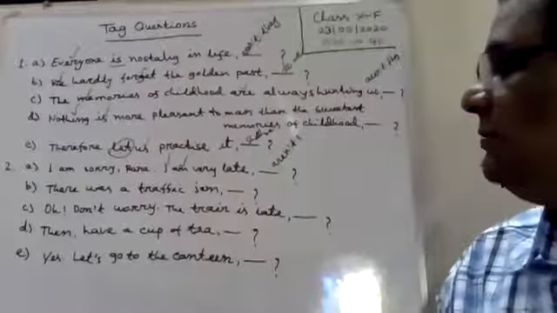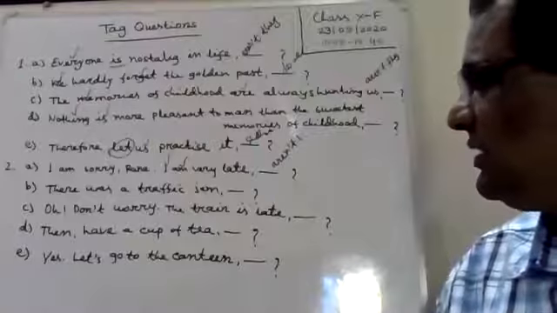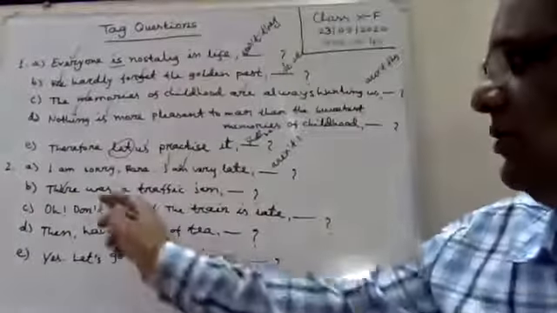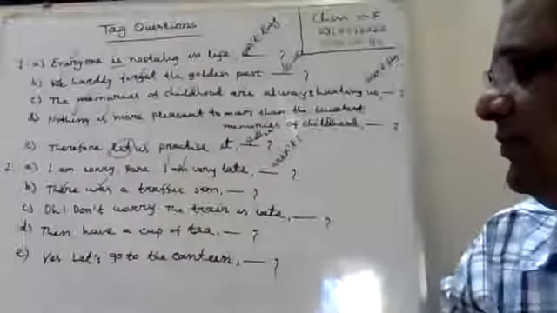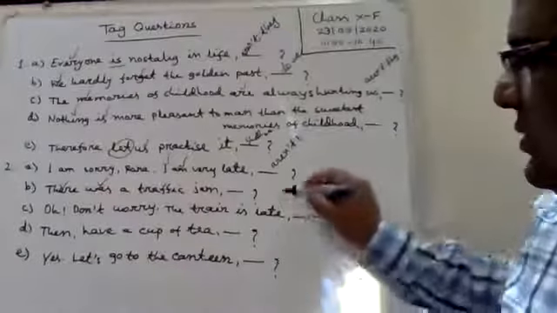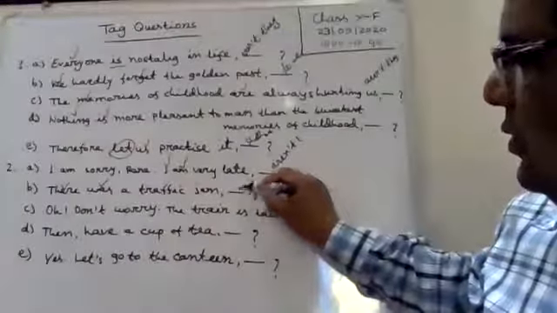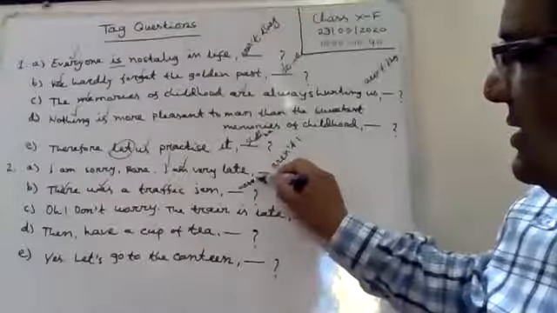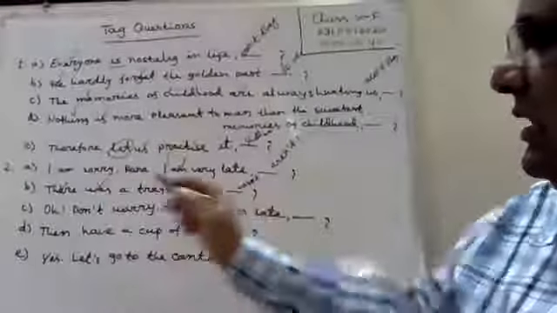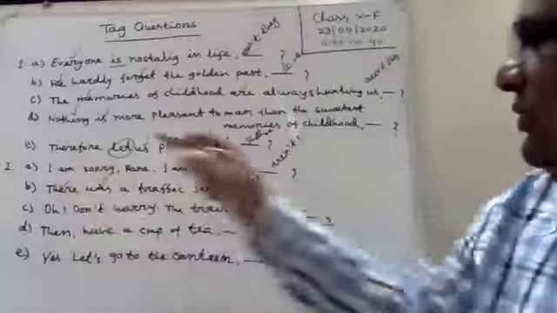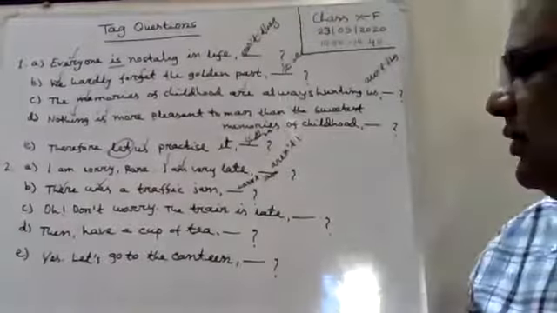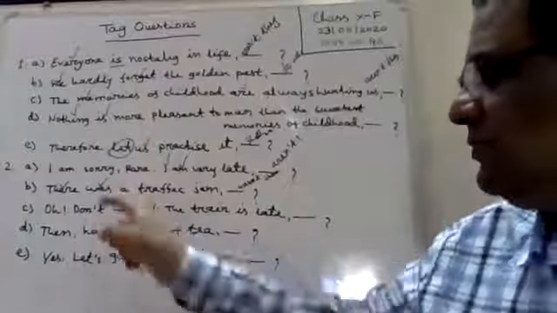Aren't I? Number B. There was a traffic jam. There is introductory there. Subject is not present here. Was is auxiliary verb. And the sentence is affirmative. So, wasn't. Then instead of subject, there will be used here. So, wasn't there, as it is in the past form.